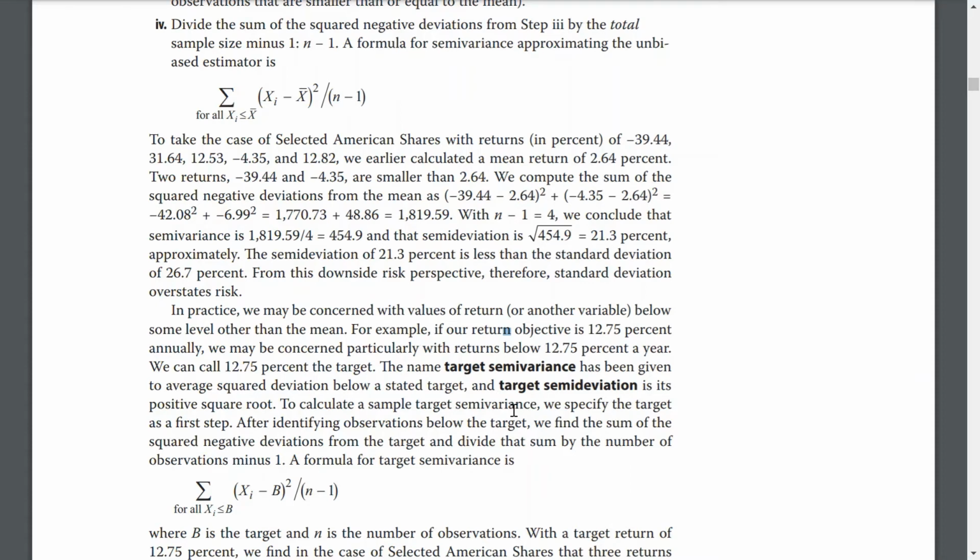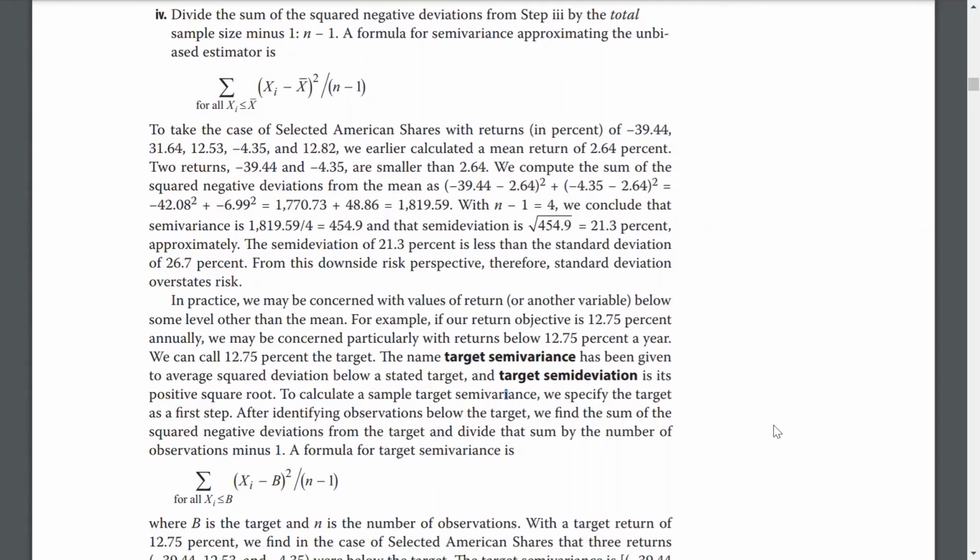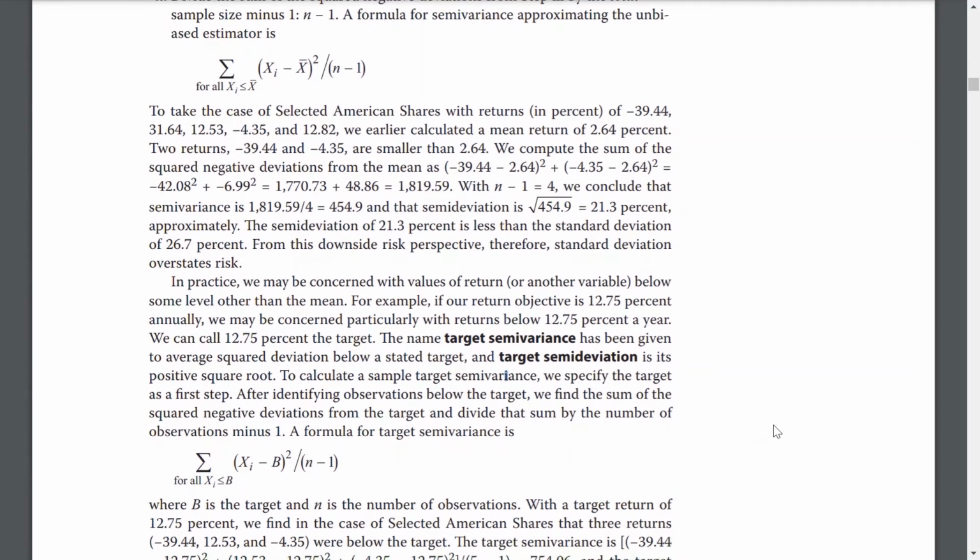In practice, we may be concerned with values of return or another variable below some level other than the mean. For example, if our return objective is 12.75% annually, we may be concerned particularly with returns below 12.75% a year. We could call 12.75% a target.